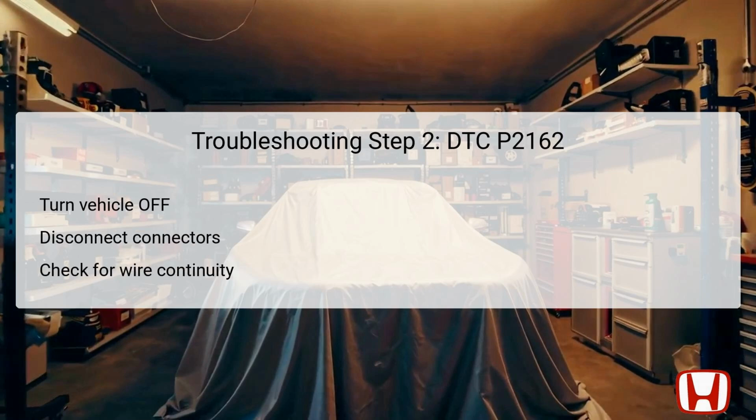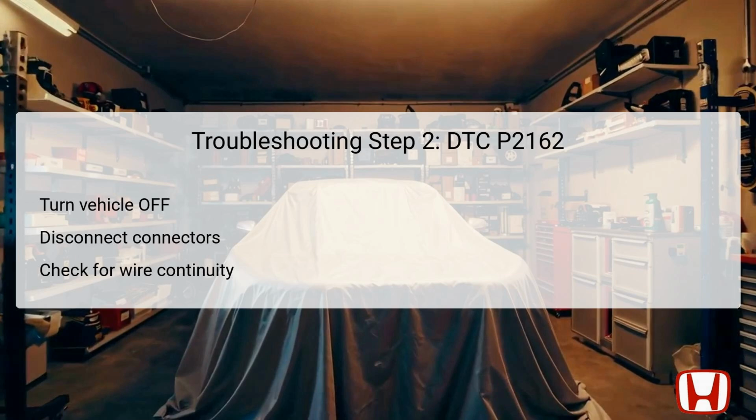In the second troubleshooting step, the focus shifts to an open wire check in the NM, NOUT, and VCC2 lines. Begin by turning the vehicle off and disconnecting the TCM subharness 26P connector and the TCM 58P connector. After disconnecting the connectors, you need to check for continuity between designated test points.